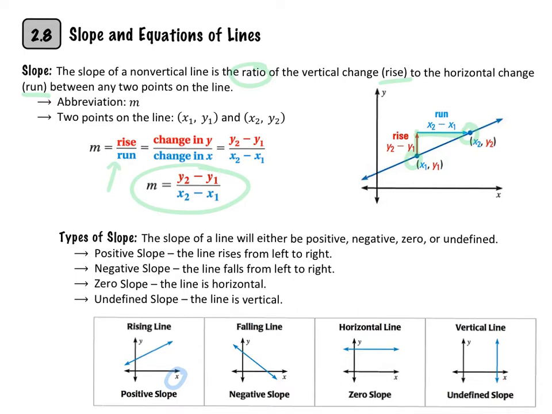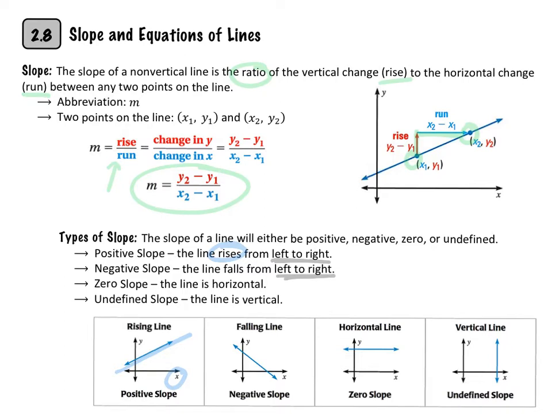So if that y value is going up as x gets more positive, then that is a positive slope. It rises from left to right. So that left to right is really important.